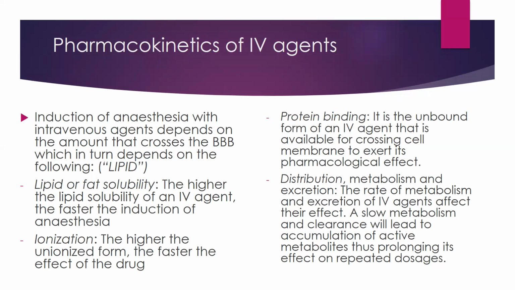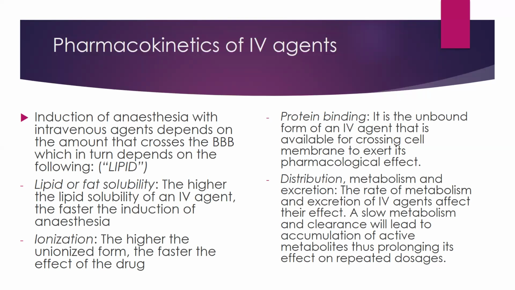Protein binding. Remember that it is the unbound form of the agent that is available to cross the blood-brain barrier to exert its pharmacological effect. So the less protein bound, the faster the onset of action. And then we're looking at distribution. The rate of metabolism and excretion of the agent affects their effect.